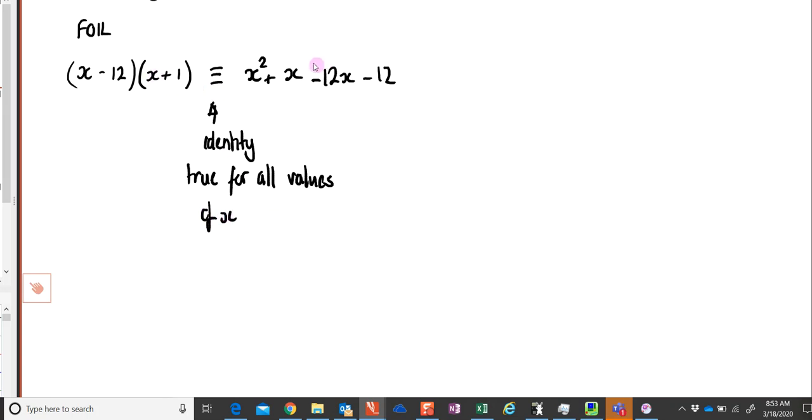Okay. So this and this are just different forms. Now, obviously, this can be simplified to x squared subtract 11x subtract 12, right? But this symbol that I've just mentioned means it's an identity. So it means it doesn't matter what value of x you put in, you will always get the same result.